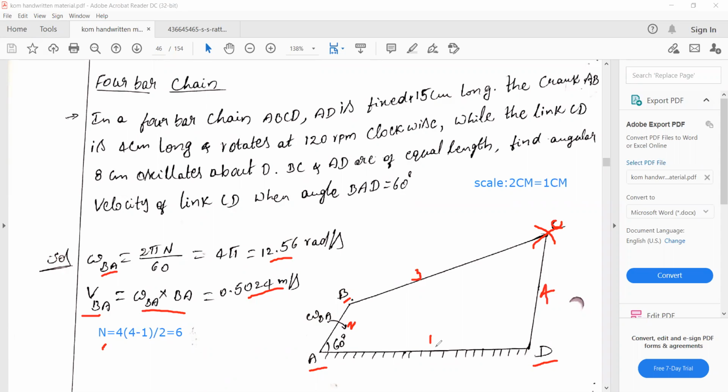Now, what is the value of this one? This is the intersection of 1 and 2.